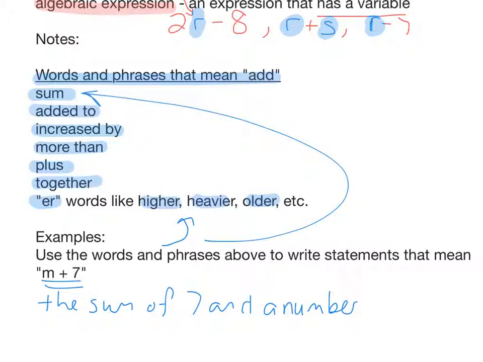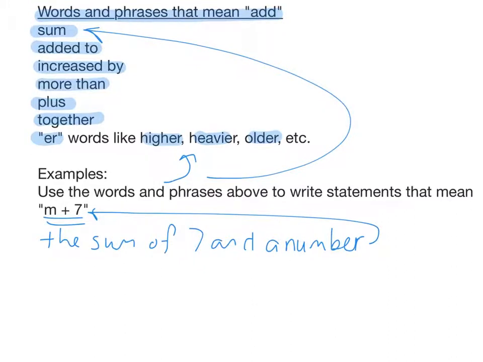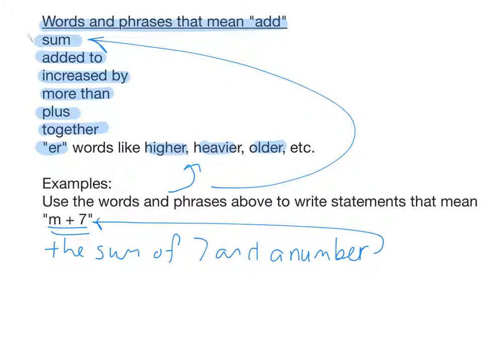That would be written like that as an algebraic expression. Okay. Let's go to the next one. Added to. So we've done sum. Let's go to added to. 7 added to m.